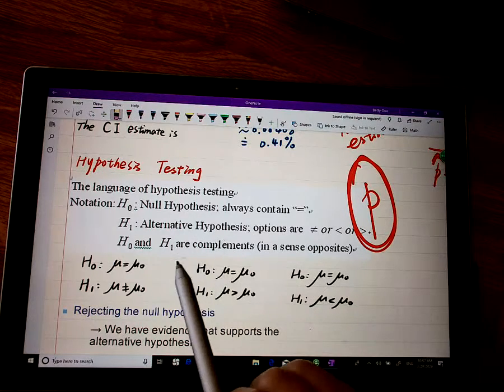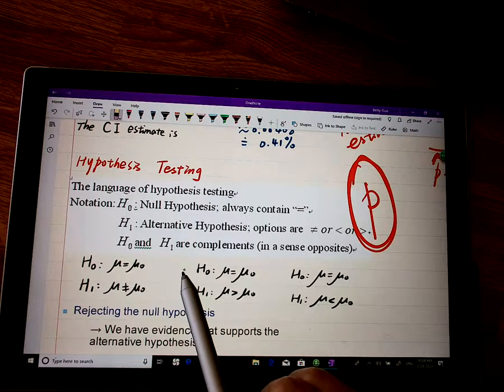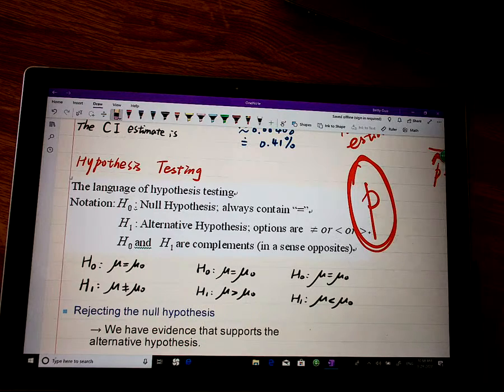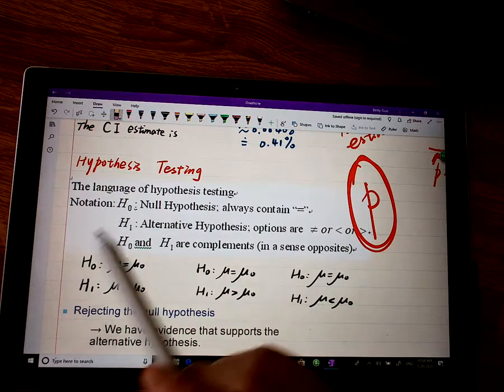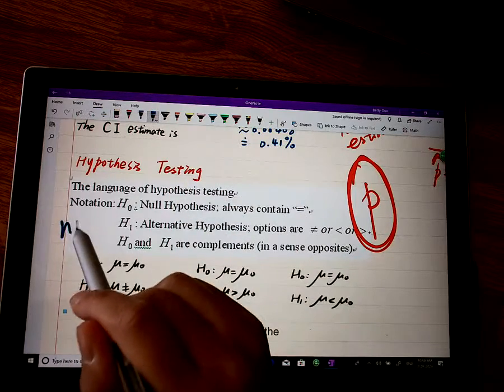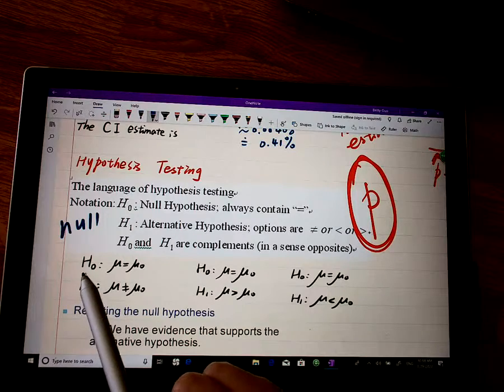One important component of the system is the null and alternative hypothesis. We use H sub 0 to represent the null hypothesis, N-U-L-L.